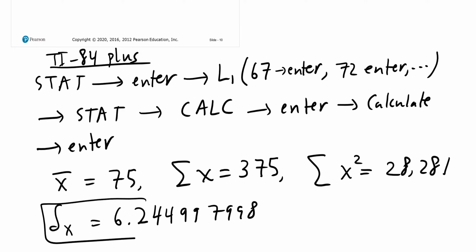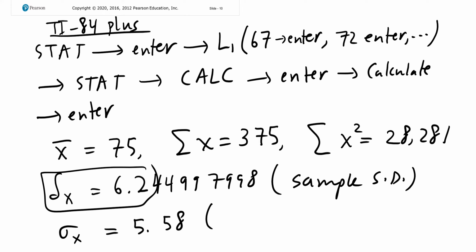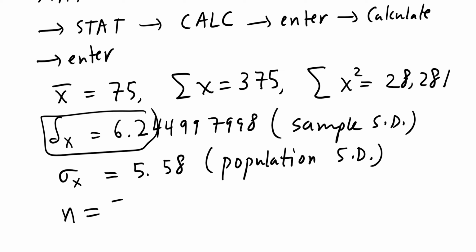And it will give you this Sx here, 5.58. This is the sample standard deviation, and that's what we are looking for. This is the population standard deviation, which you don't need for now. Now if you scroll down on the calculator, it gives you n equals 5, and it gives you other stuff that we're going to be using later on in section 3.4. So that's how you calculate using the graphing calculator.